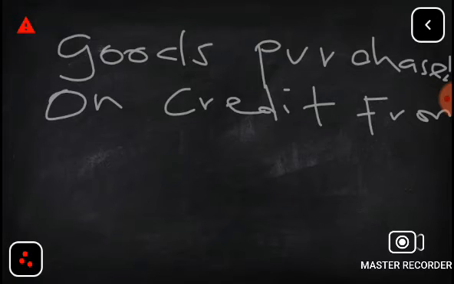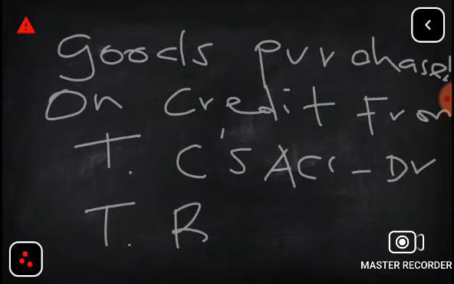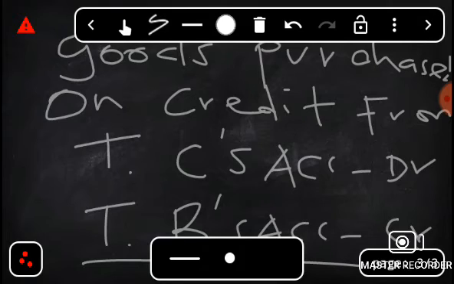TB was the owner of the transaction, but we recorded it in TC's account. Since we had credited TC's account, this time we're going to debit TC's account so that the 1,000 goes out of TC's account. Then we're going to credit TB's account with the 1,000 so that our accounts balance.